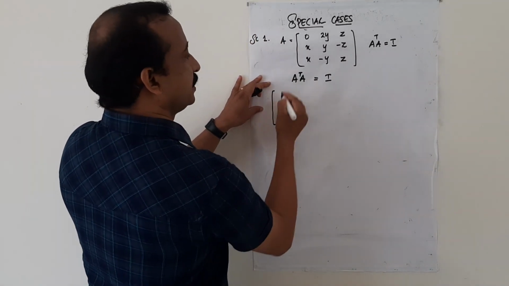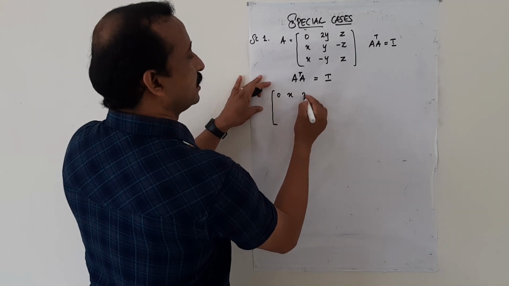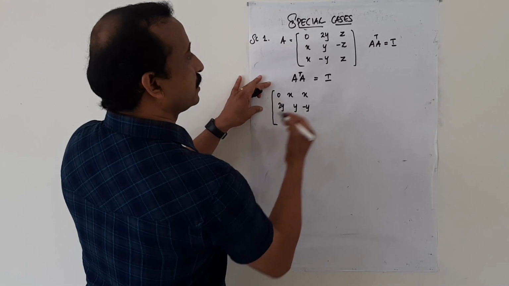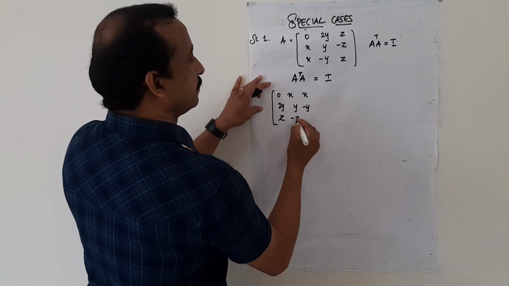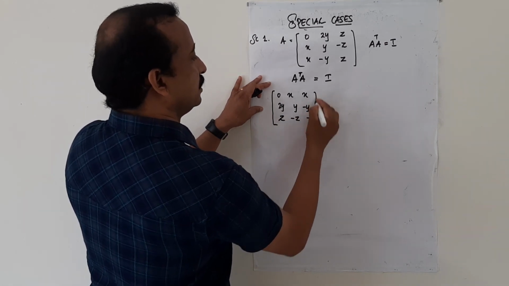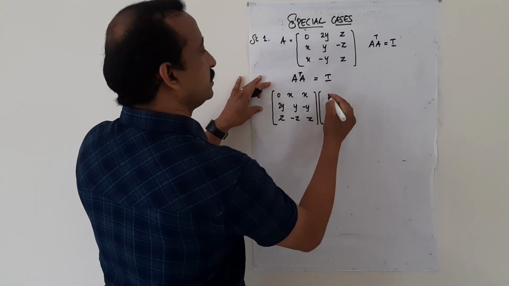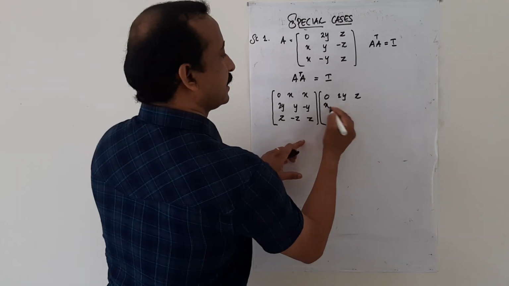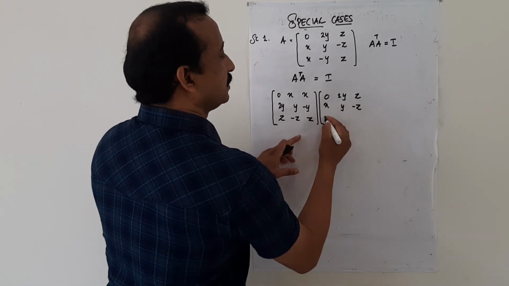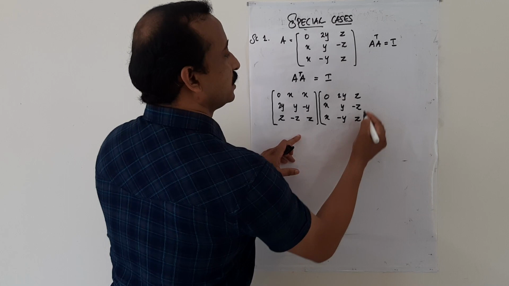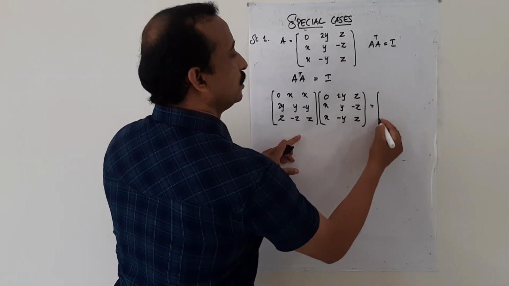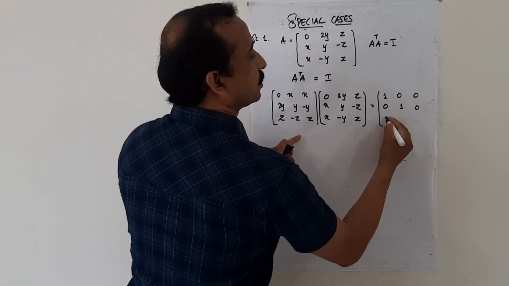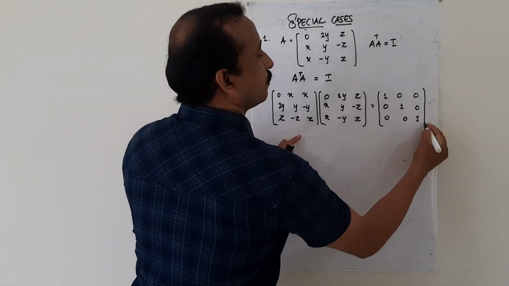The transpose of the given matrix, 0, x, x; 2y, y, minus y; z, minus z, z, into A, which is 0, 2y, z; x, y, minus z; x, minus y, z, is equal to, you already know, the identity matrix 1 0 0, 0 1 0 and 0 0 1.